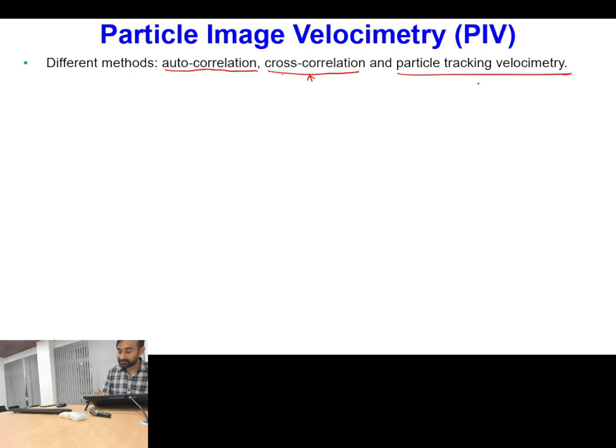Now the third method is particle tracking velocimetry. Particle tracking velocimetry is something which is not yet commercially used, but this is the ultimate thing which can give you better spatial resolution. Okay, the meaning of particle tracking velocimetry, as the name suggests, is that now we are not interested in tracking the grid, we are interested in tracking the individual particle location.